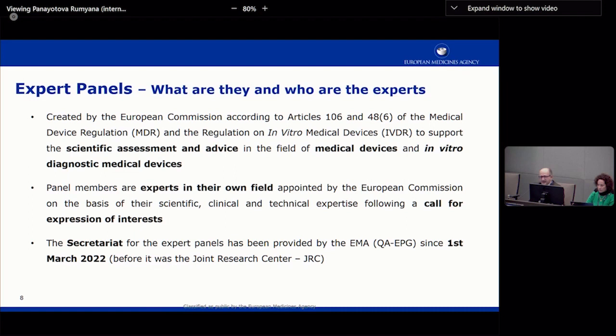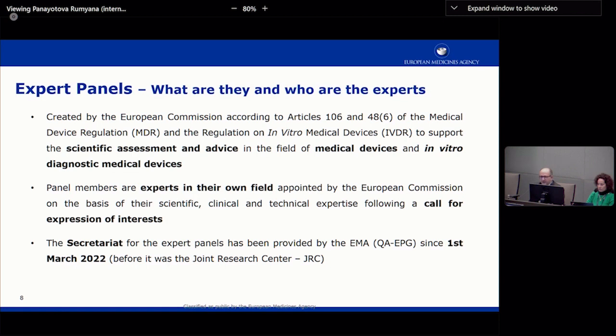The panel members are experts in their own field, and they are appointed by the European Commission based on a call for expression of interest, where it is detailed what the needs are in terms of scientific, clinical, and technical expertise that would apply to those experts.